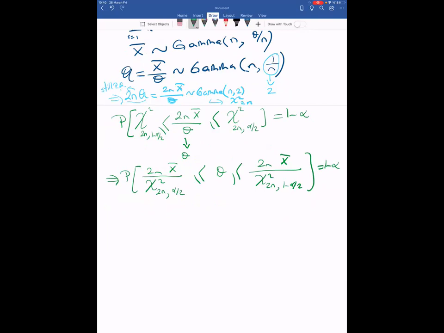So this is not a confidence interval. So this is a random interval.